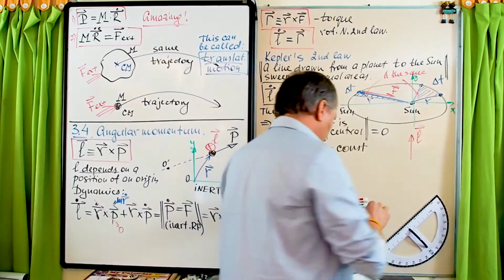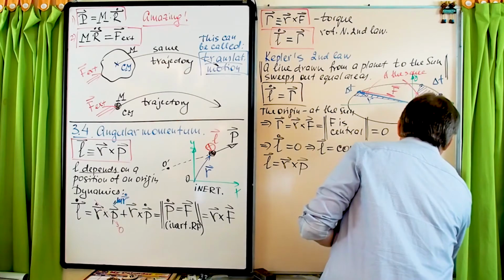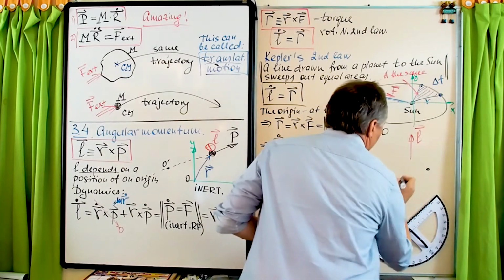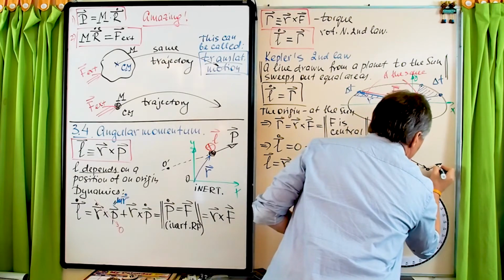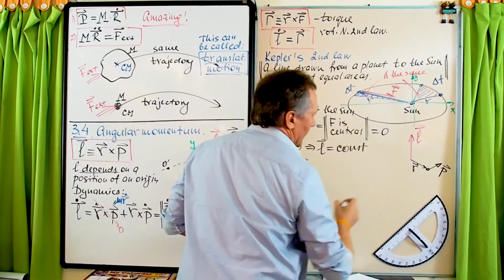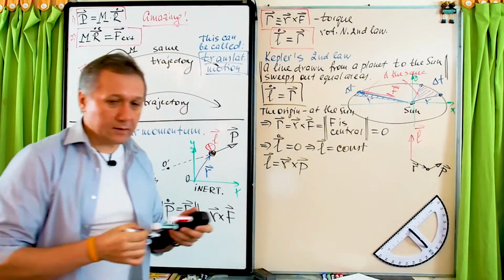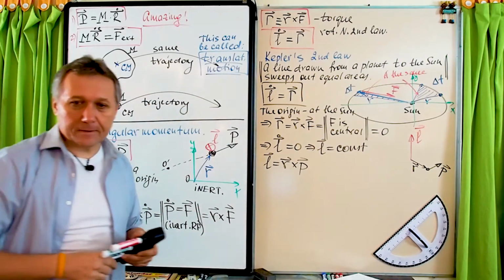So let me draw, let's assume that this is the point. So this is R, this is P, and they lie in the same plane.